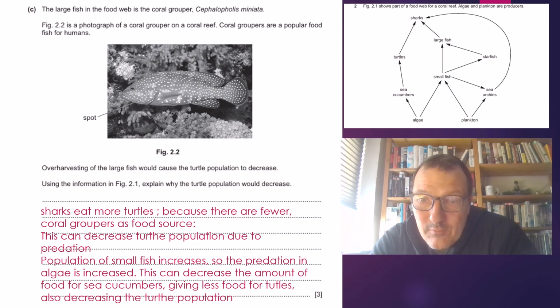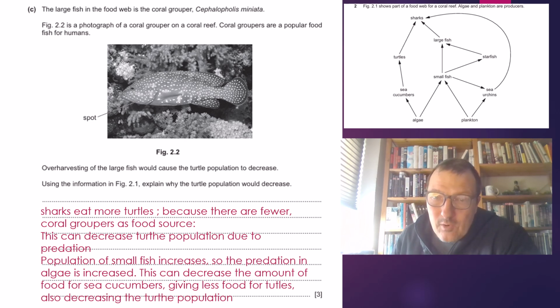So the 2 things we're looking for here is predation and lack of food due to other organisms eating the algae. There are also other things you can get points for, but these are, at least to me, the most obvious way to get these points.